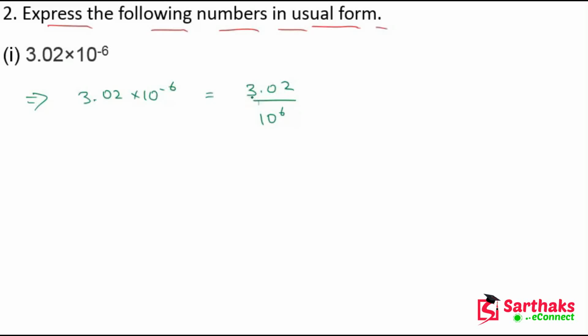If we place these zeros before the number, we get 0.00000302, because we are shifting the point 6 digits to the left. Before the decimal, 6 digits: 1, 2, 3, 4, 5, 6.